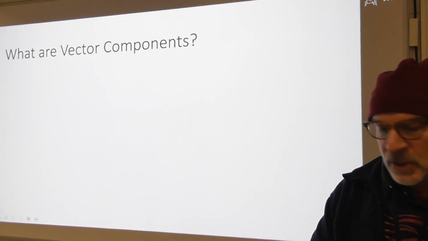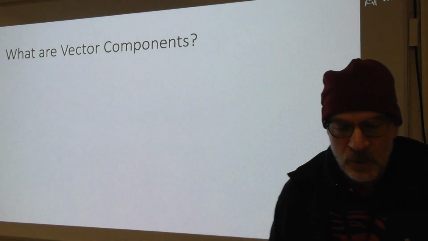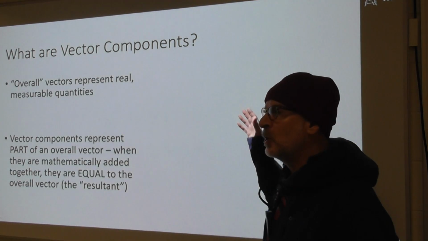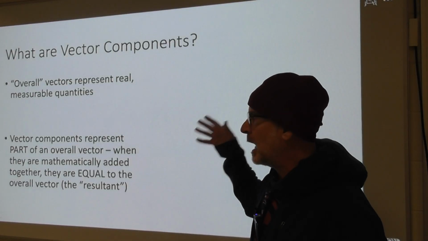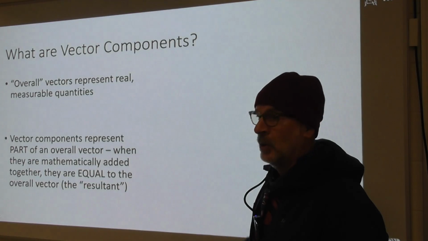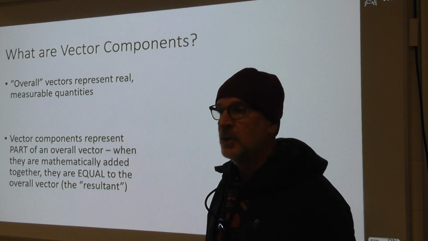I want to make sure that you remember that the deal was that when we're looking at vector components for an actual quantity, those components are not real, but it turns out that they are mathematically equivalent to the original quantity.